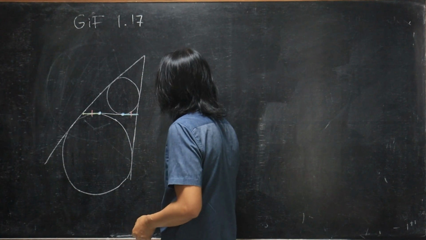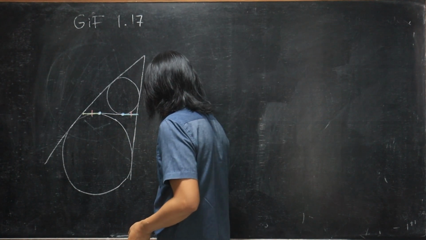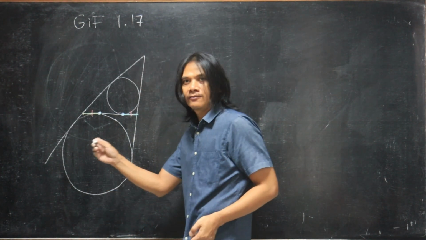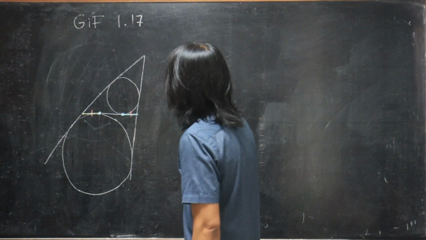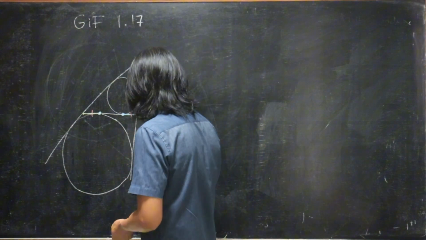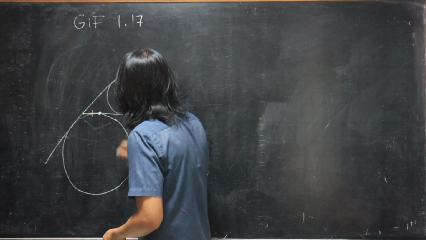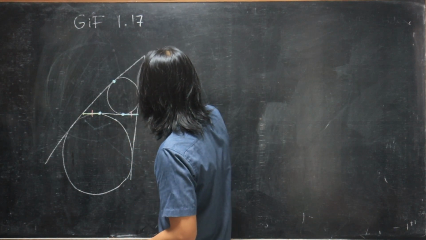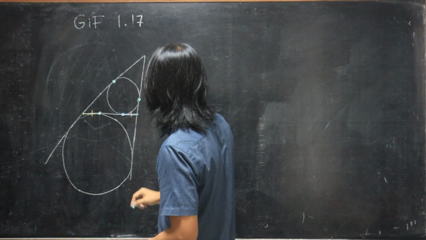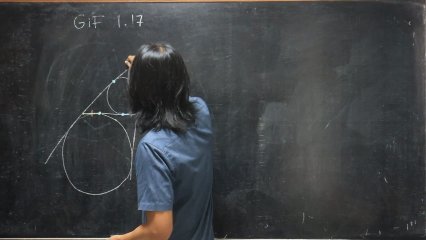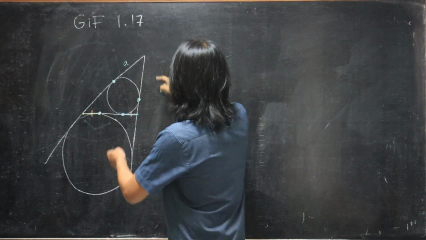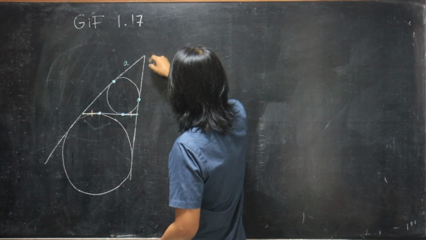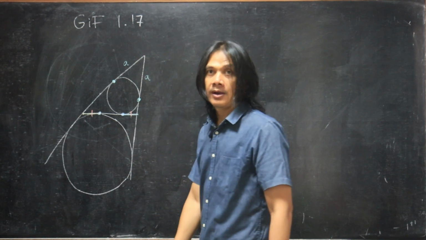Okay, so let's just label instead of coloring. Let's give a mark here for the point of contact, and also here. If we call this A, then that one is also A. Why?